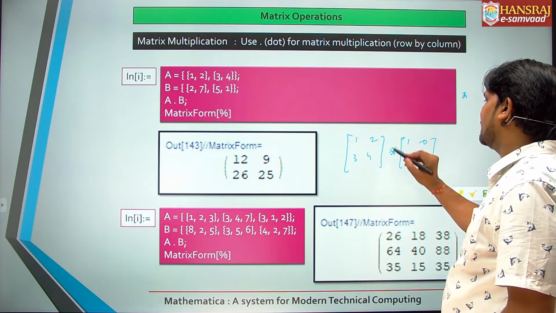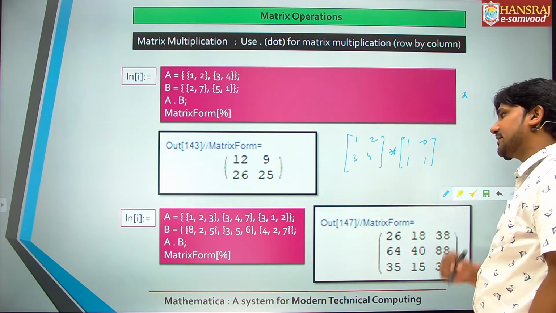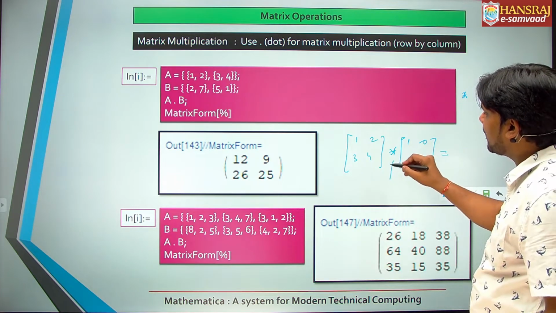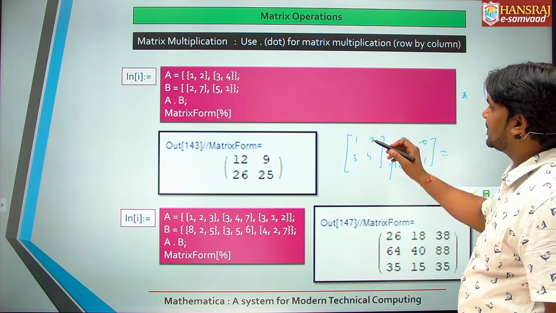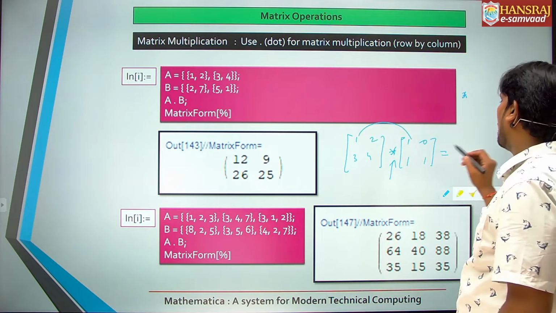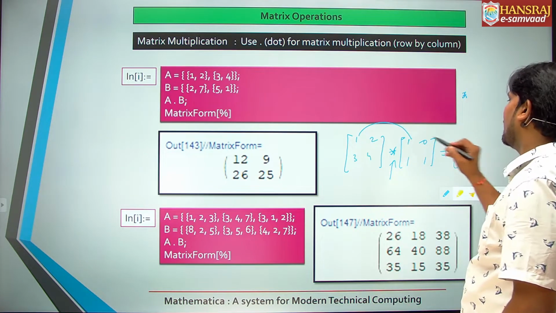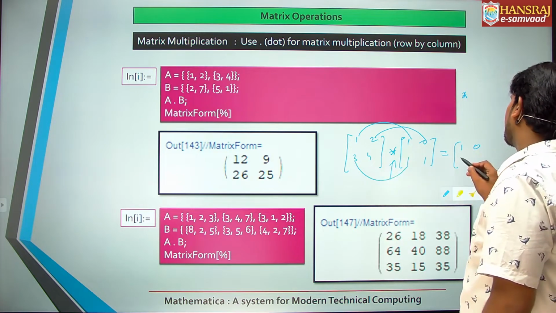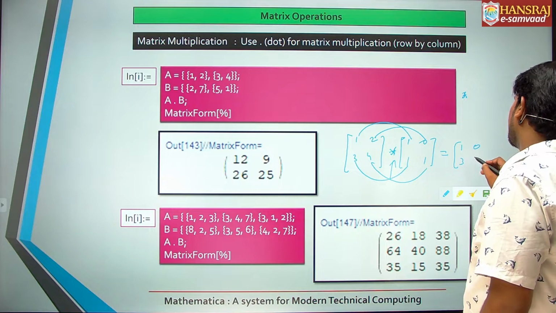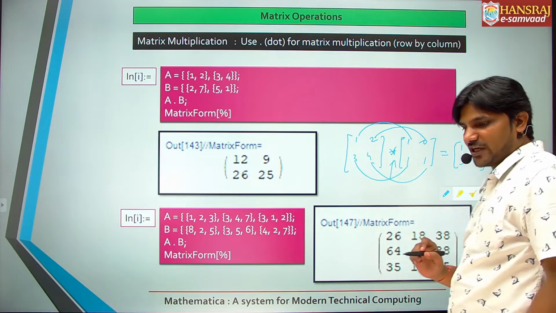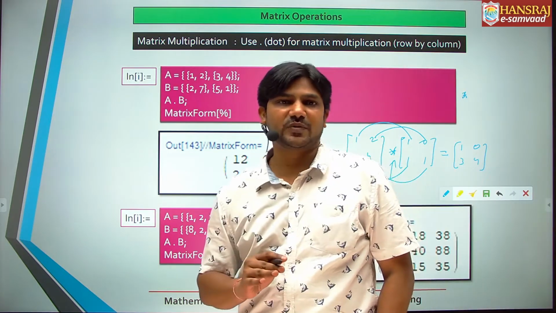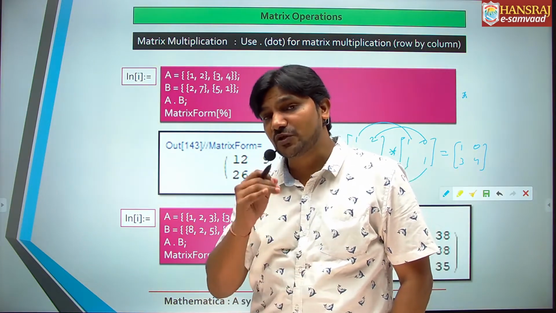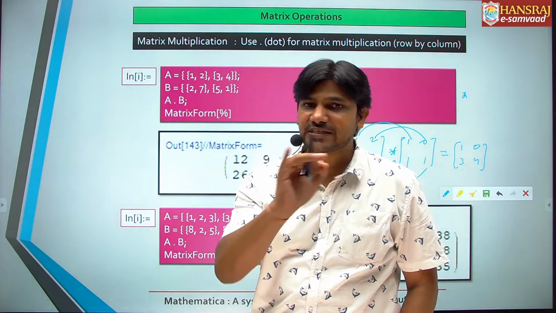So what is the meaning of multiplication using the star or asterisk symbol? This operator does component-wise multiplication. So 1 times 1 is 1, then 2 times 0 is 0, 3 times 1 is 3, and 4 times 1 is 4. So this multiplication is component-wise multiplication. It is not the standard matrix multiplication if you use the asterisk operator.